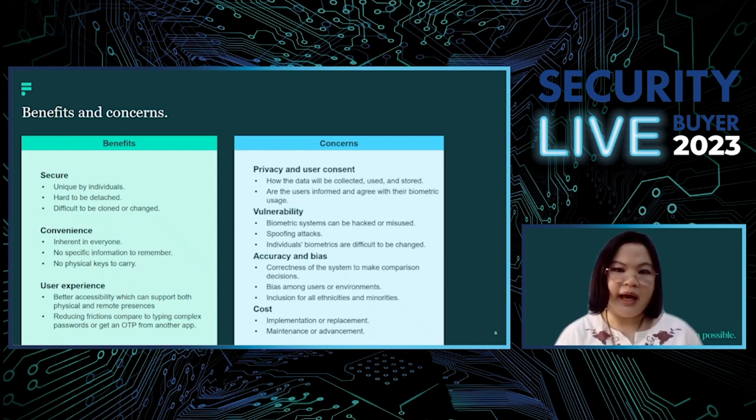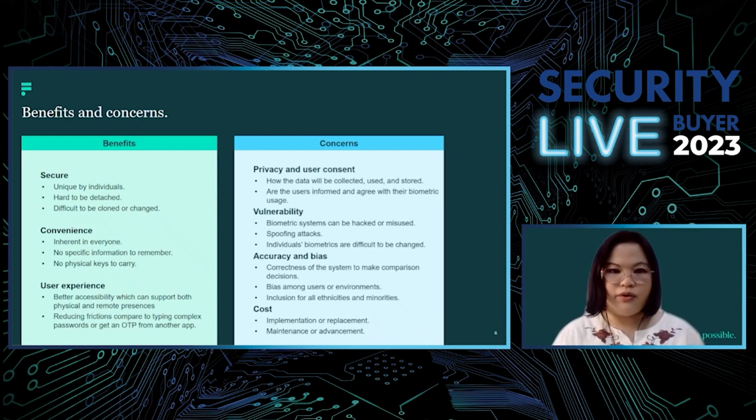The systems can be hacked or misused. Imposters can try to make spoof attacks, and unlike a password, once the system is attacked successfully, we cannot really change our biometrics. So it has some weakness also.